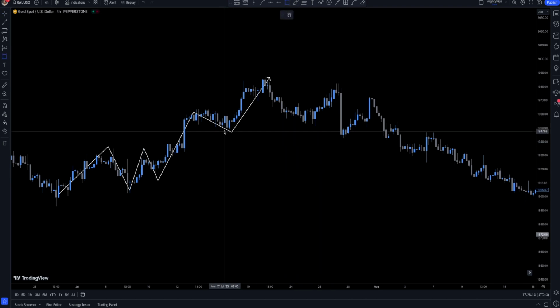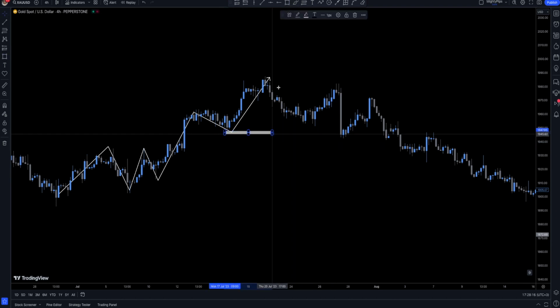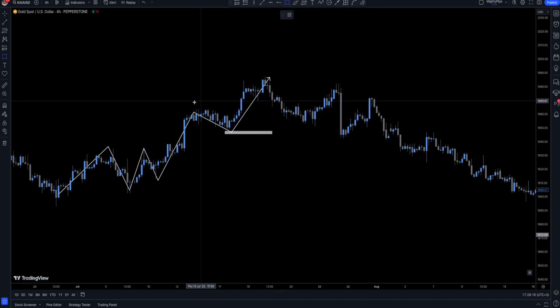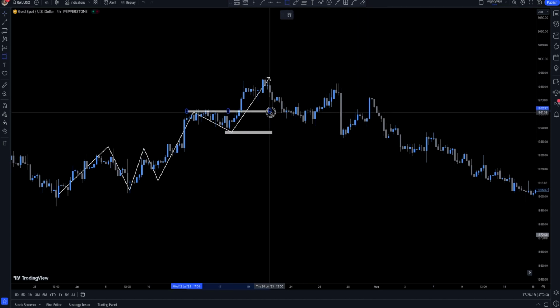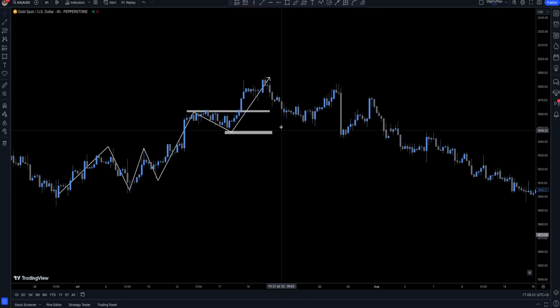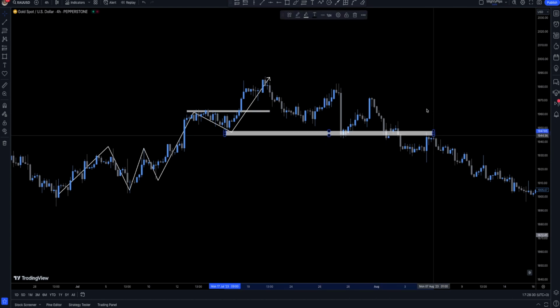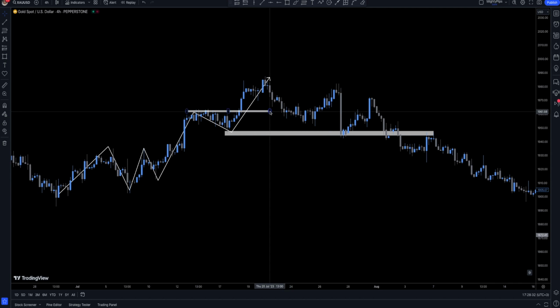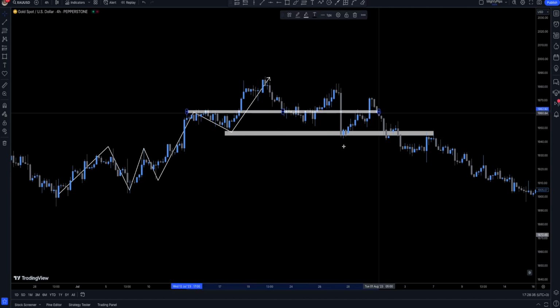You just mark the lows and the highs like this, and keep doing that. Then you move these forward, because they can become relevant in the future. Move them forward as the price is going.